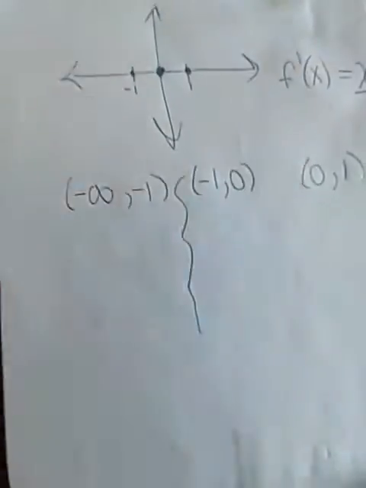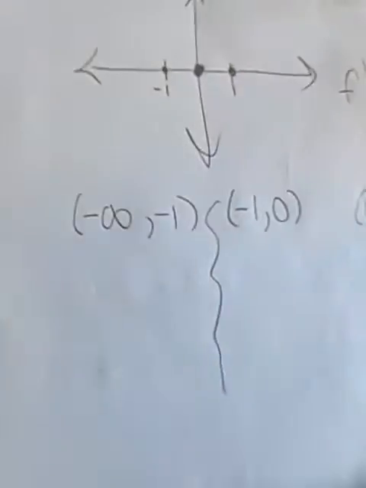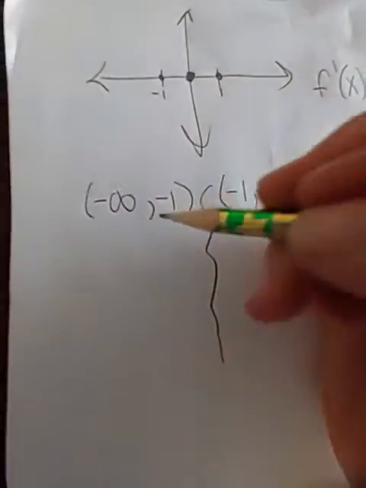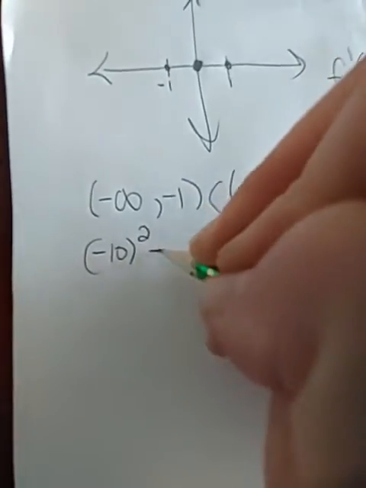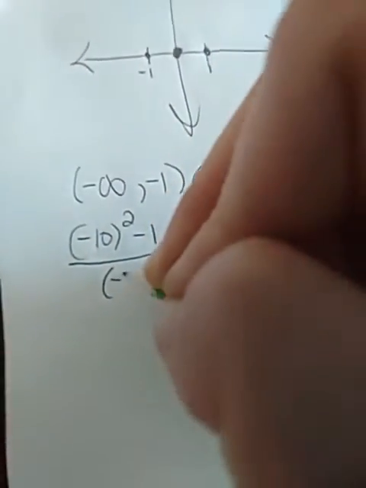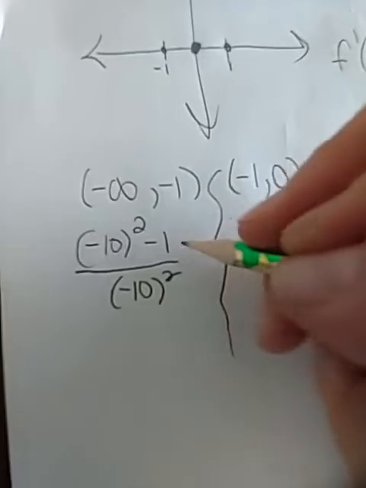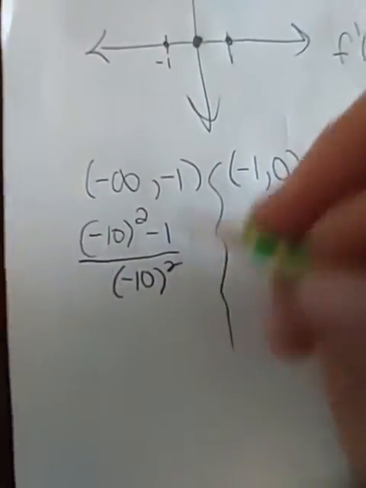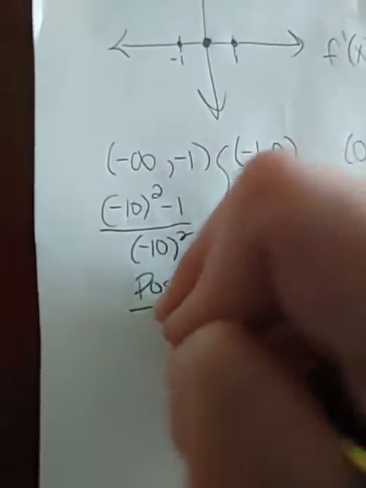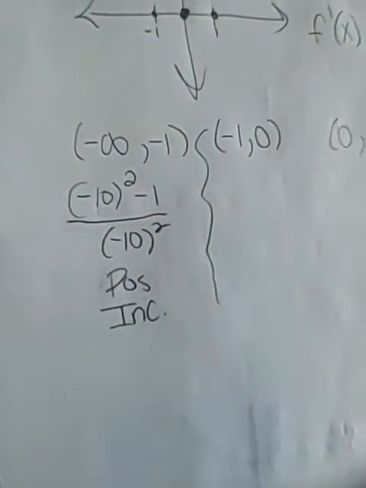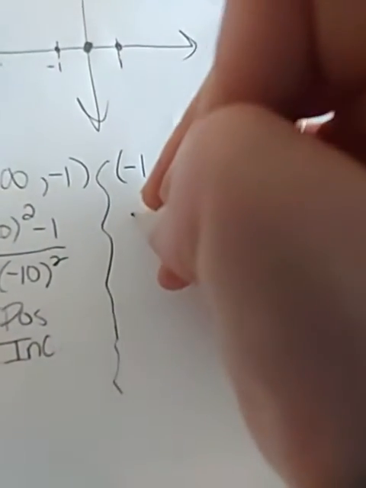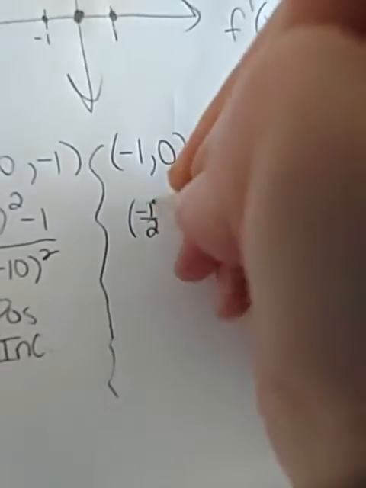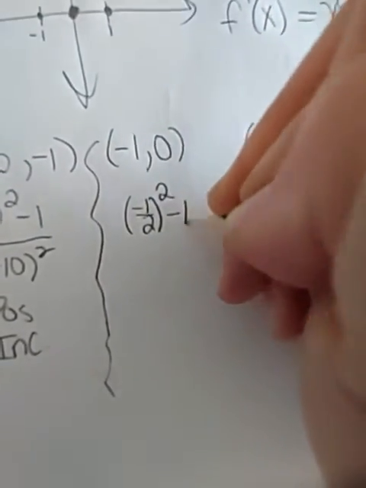All right, let's check the first interval. For the first interval, I'll put in negative 10 into my first derivative. So this is 100 minus 1, positive over positive, so the whole thing is positive, which means this piece of the function is increasing. All right, now I have to use a fractional value. So I'll use negative 1/2.